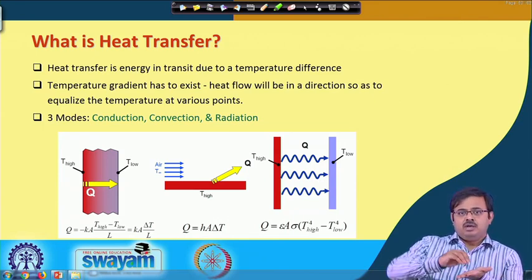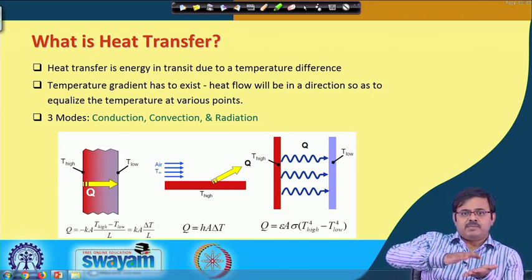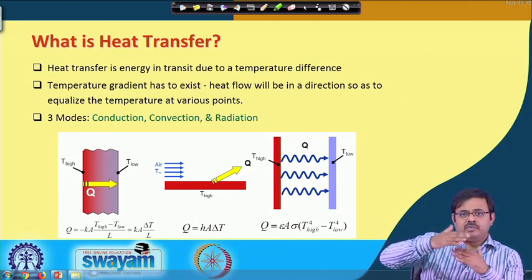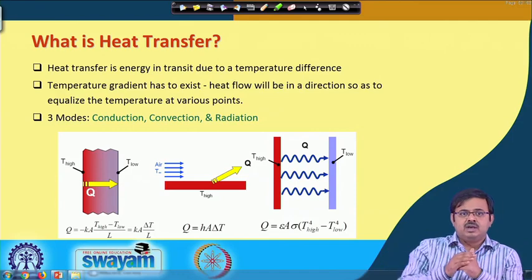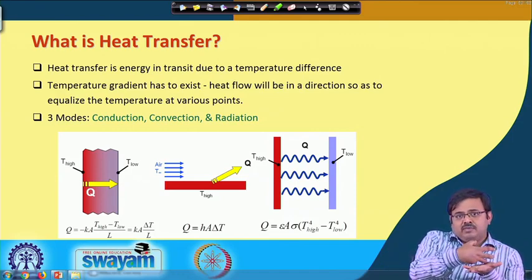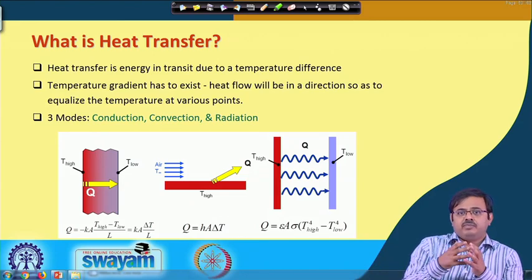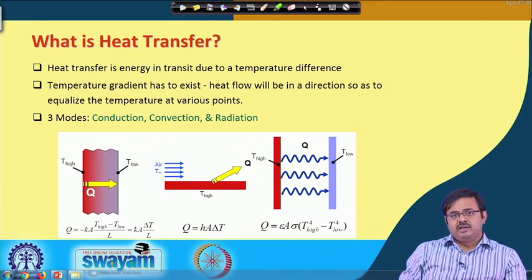So, the heat transfer is not just happening because of vibrations of molecules and transfer of internal energy from one layer of molecules to the next, but along with that there is some bulk movement of the fluid molecules, so that the heat is taken away.